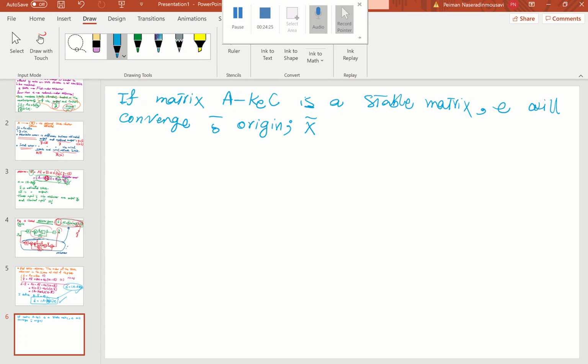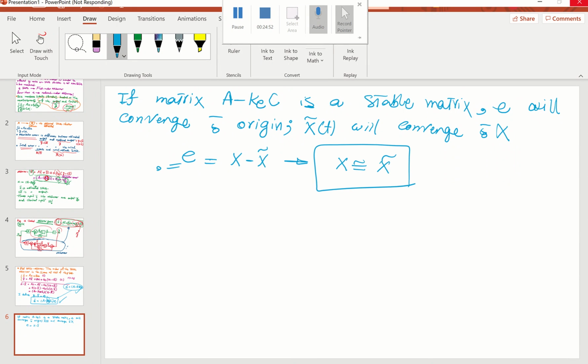That means x hat of t, the estimated x, will converge to x. Why? Because we said e is x minus x hat, so if that goes to 0, x goes to x hat, almost.